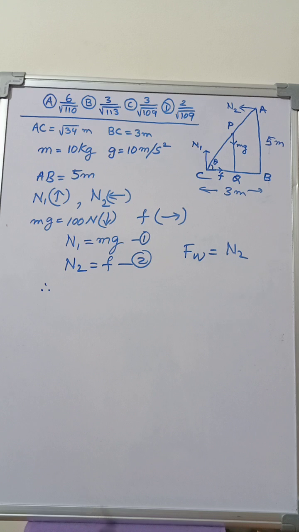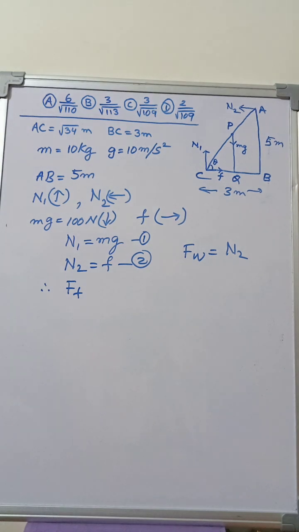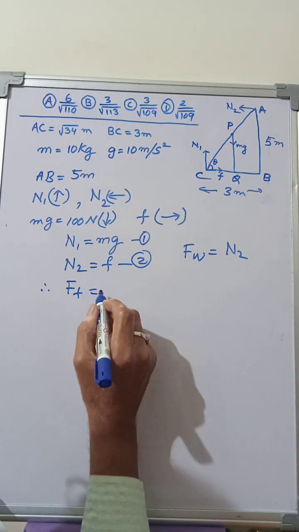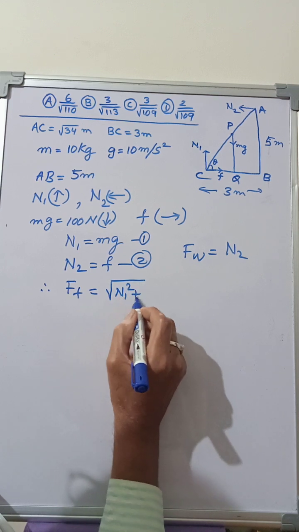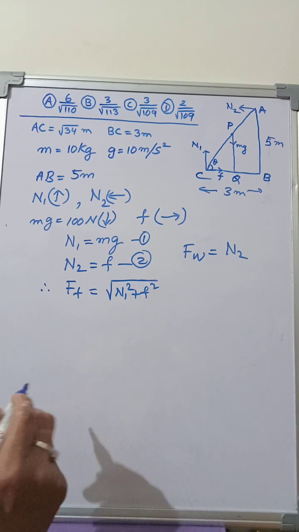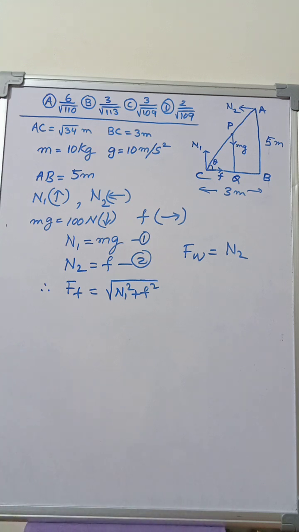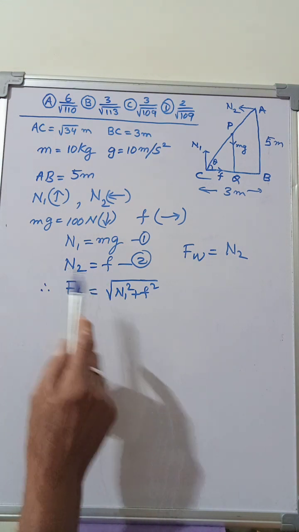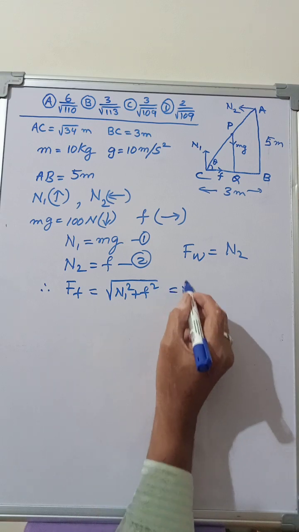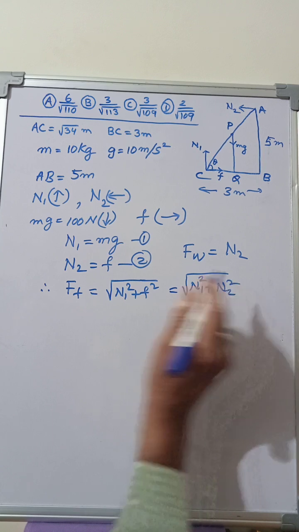Therefore, reaction force of the floor, Ff, is equal to root over N1 square plus F square, because this is the magnitude of mutually perpendicular forces N1 and F. And we know that from equation 2, F is equal to N2, so this gives us root over N1 square plus N2 square.